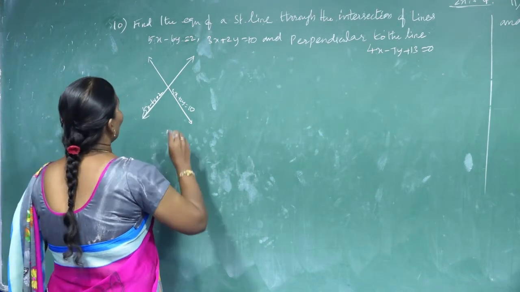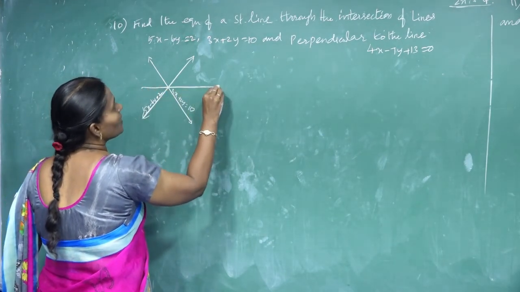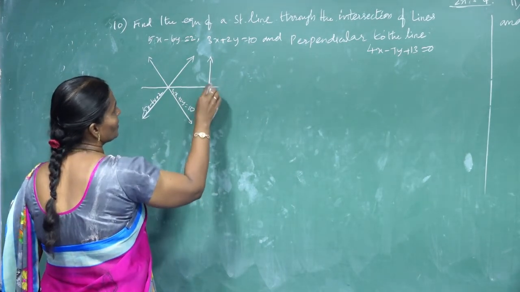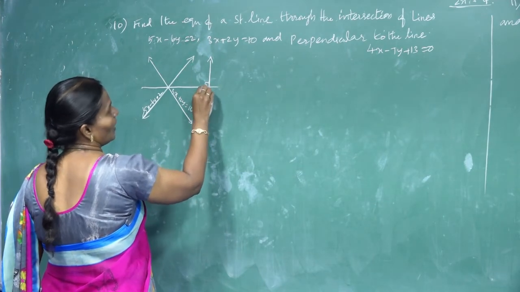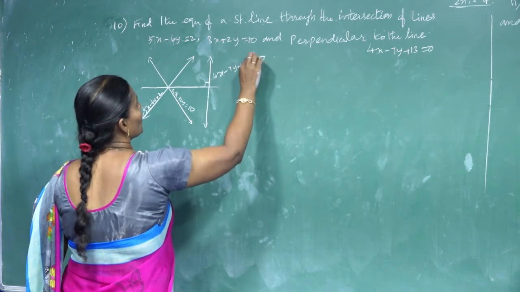One line passes through the point of intersection and is perpendicular to the given line 4x minus 7y plus 13 is equal to 0.